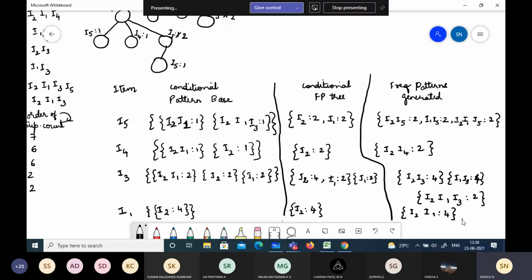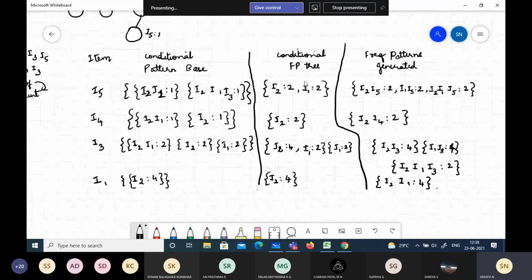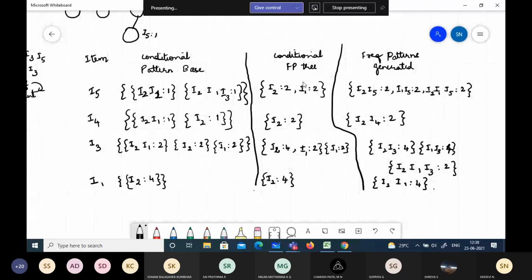Okay, I2 is considered as a root node and will not perform for it. See, if you remember the program, see 3 items at generation, if you check here, I2, I1, I5 and I2, I1, I3.